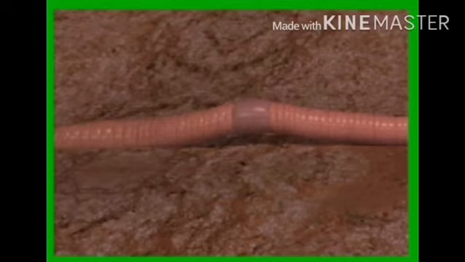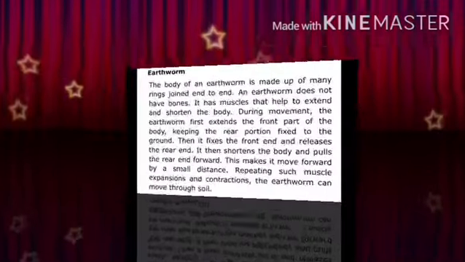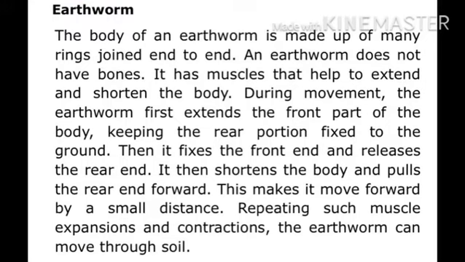Now I'm going to discuss how an earthworm moves or does locomotion. The body of the earthworm is made up of many rings joined end to end. An earthworm does not have bones. It has muscles that help to extend and shorten the body. During movement, the earthworm first extends the front part of the body, keeping the rear portion fixed to the ground.